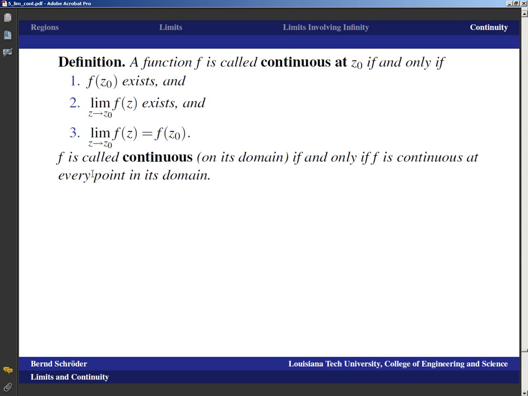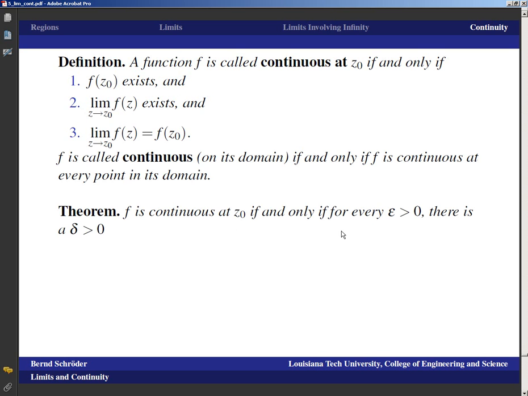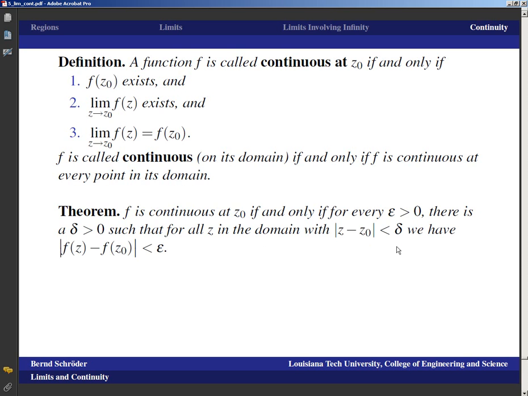Okay, now f is called continuous, or continuous on its domain, if and only if f is continuous at every point in its domain. The theorem is that f is continuous at z0 if and only if for every epsilon greater than 0 there is a delta greater than 0, so that for all z in the domain with |z minus z0| smaller than delta, we have that |f of z minus f of z0| is smaller than epsilon.